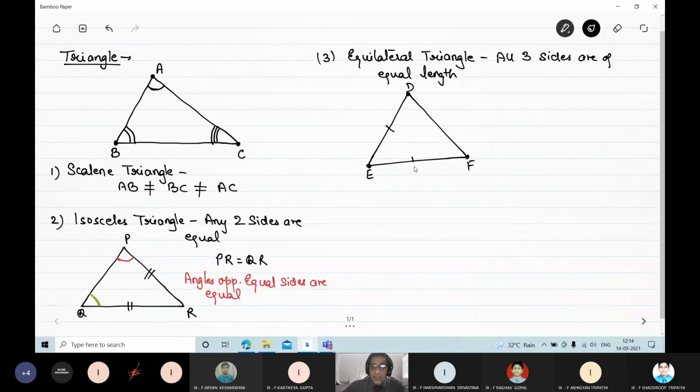All the 3 sides are of equal length, so DE is equal to EF, which is also equal to DF. And all the 3 angles will also be equal. Is this clear to everyone?